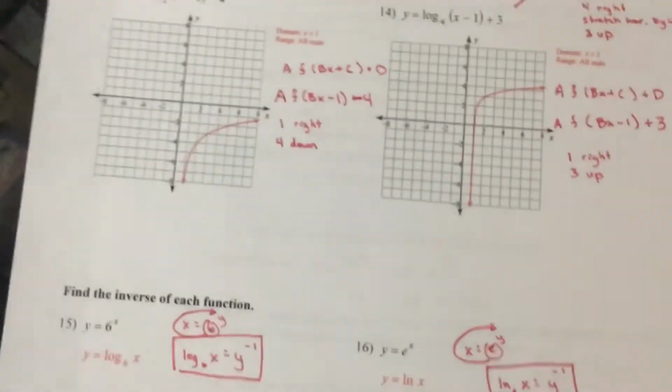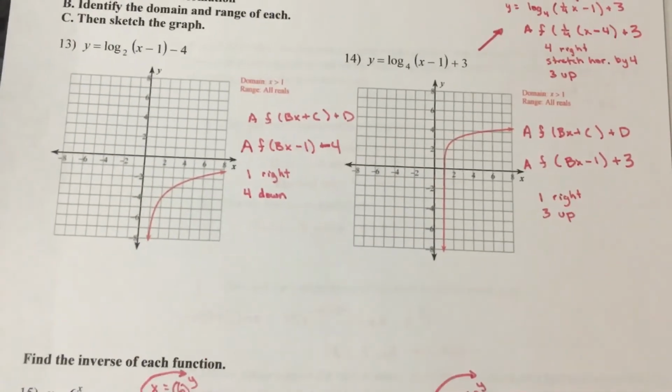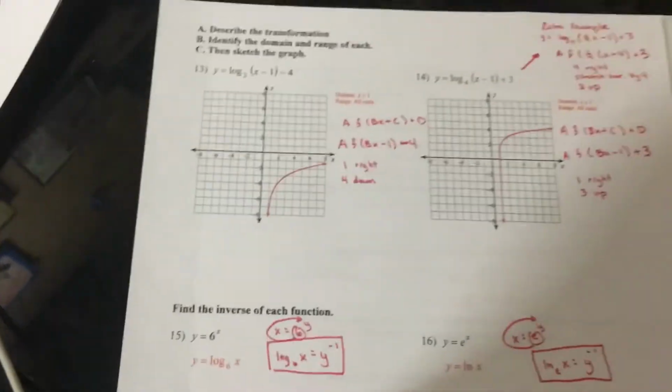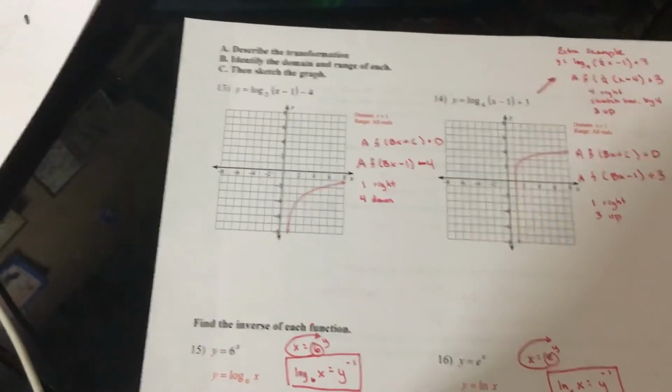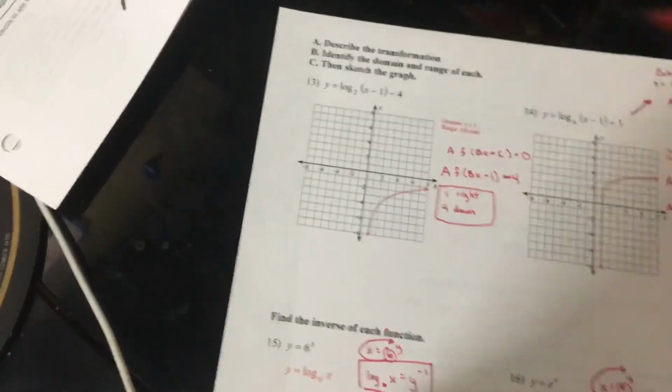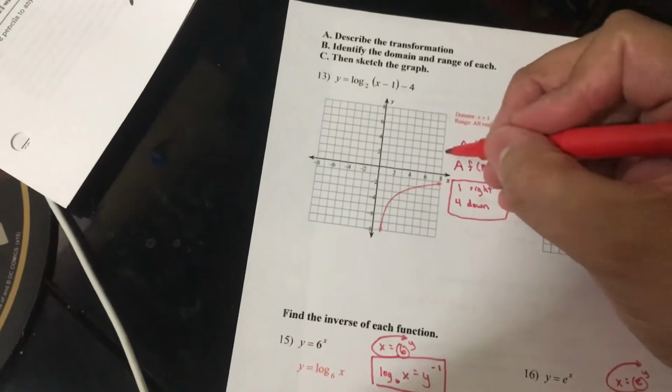Okay, so this is the answers right here for... Ooh, I didn't put my domains and ranges here. Okay, so this is the answer for part A. I didn't mark this correctly.